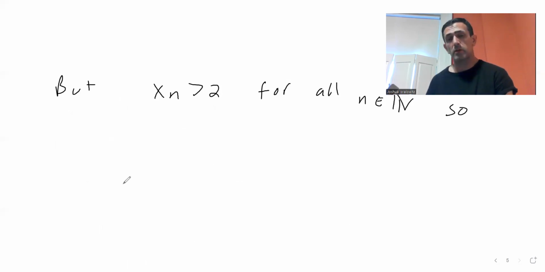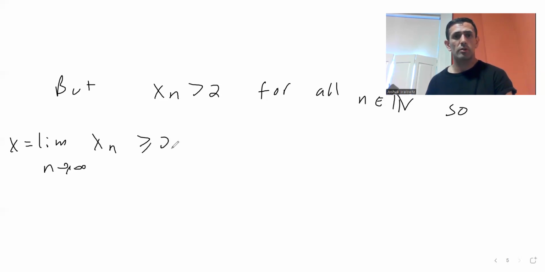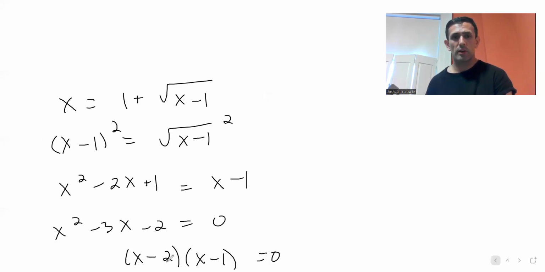So by the limit laws with respect to inequalities, as we did an example, it does not mean the limit is bigger than 2. It means it's bigger or equal to 2. So x is bigger or equal to 2.